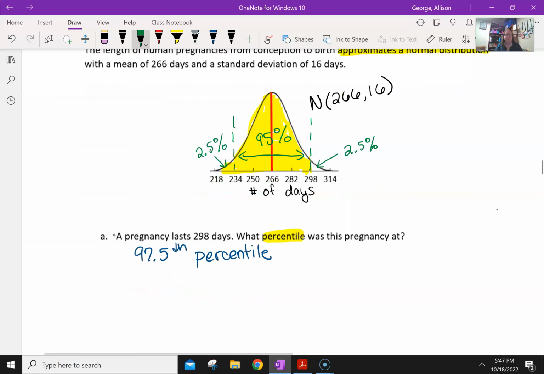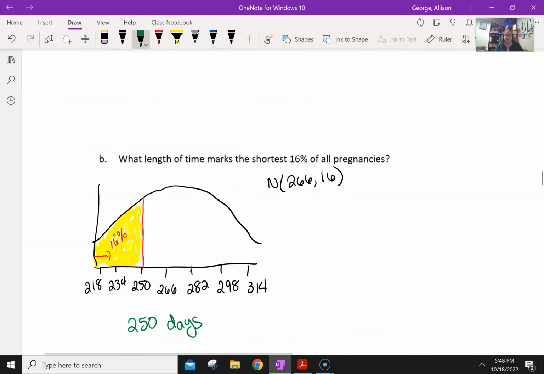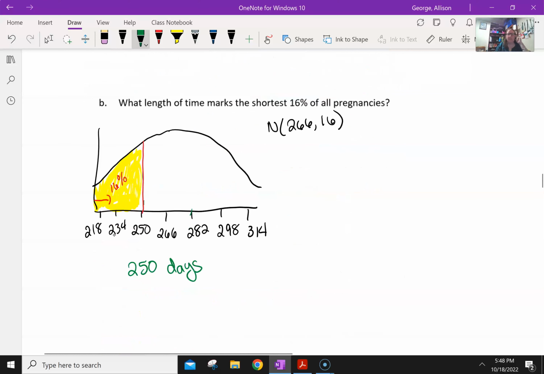So that's the shortcut. For letter B, it's asking us what length of time marks the shortest 16% of all pregnancies. All right, so to start with, we don't actually know where this is. They're asking us to figure out, okay, where does that yellow shaded area stop for it to contain 16% of the data?